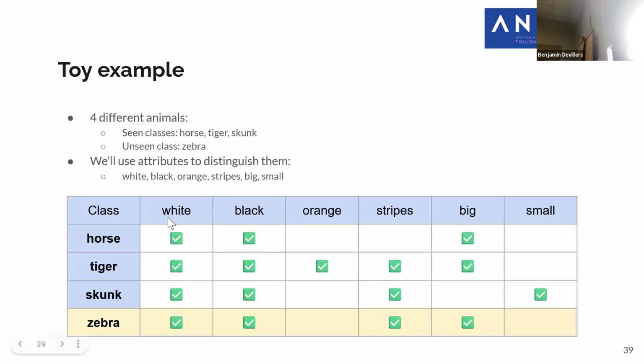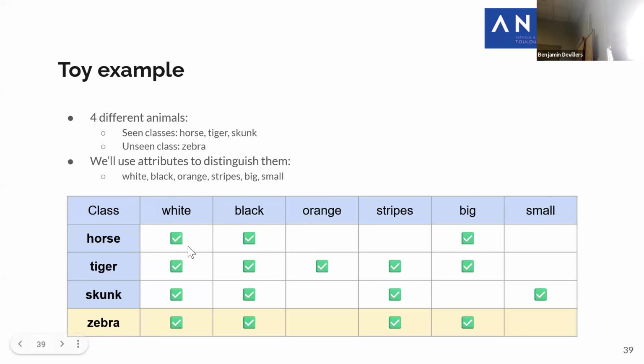So if we have a binary table like this, my blue classes are the ones that are seen classes. The zebra is the unseen class. And the different columns are the attributes. And here, if I have examples, I was saying it's binary before.